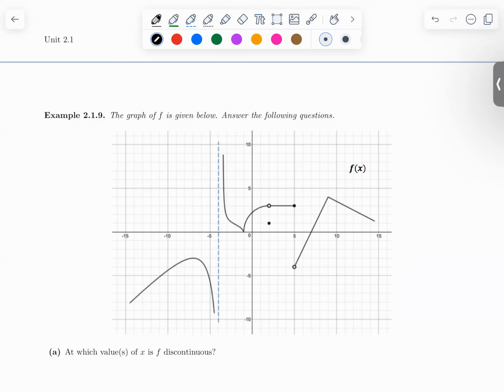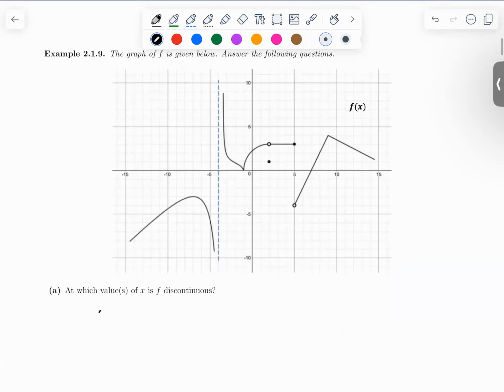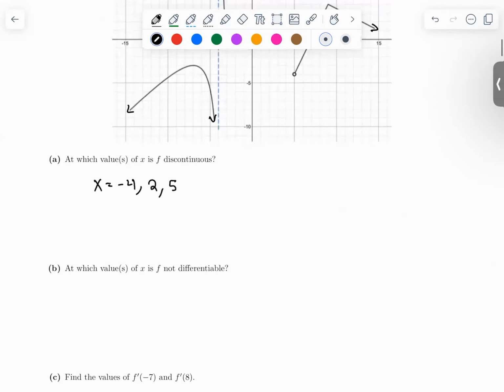So going left to right, we get x equals -4, 2, and 5, and that's it. This is before I could add arrows, so we'll add them on. So those are the discontinuities. First one's an infinite discontinuity, the second is removable, and the third is a jump. But that doesn't really matter. We're not being asked to do that.